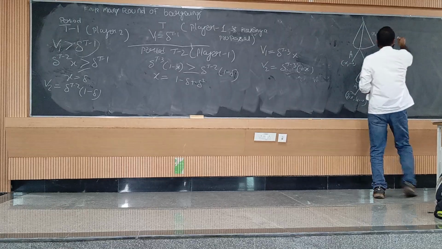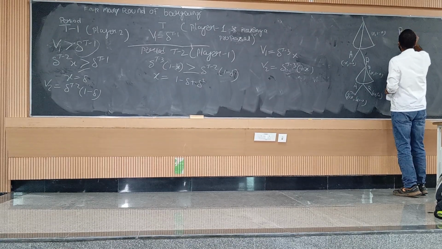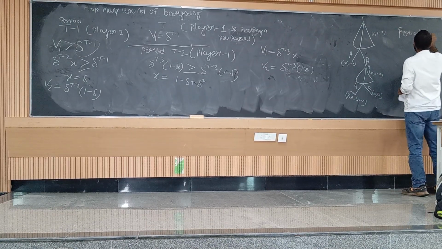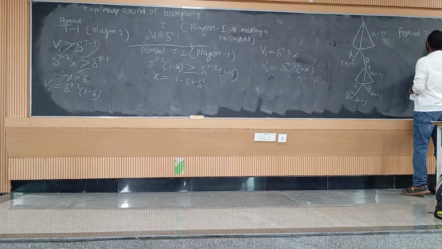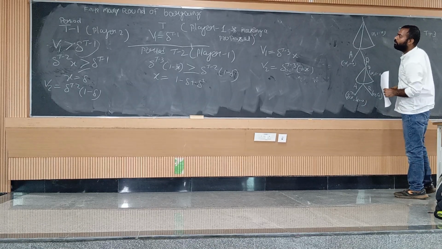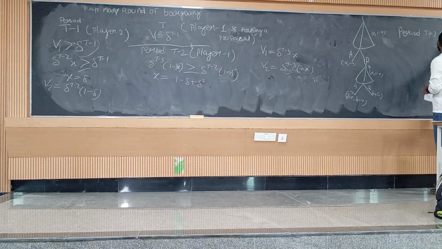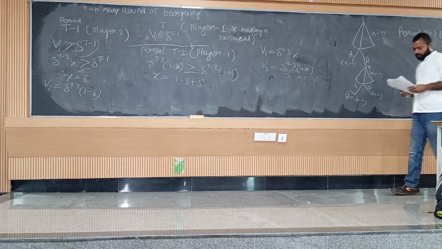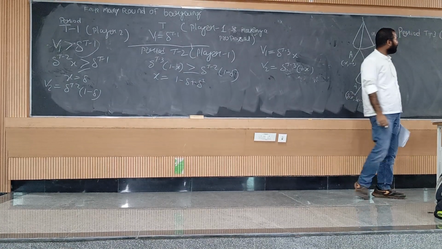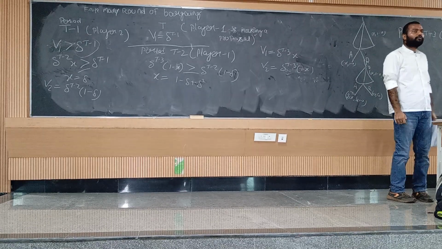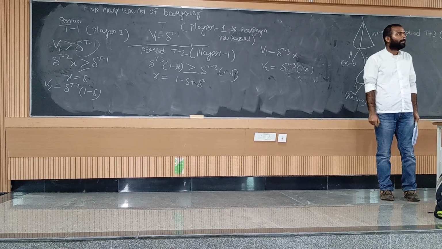In case you're moving to period t minus 3, where player 2 will move, now you tell me, since here player 2 is moving, what should be the strategy of player 2?